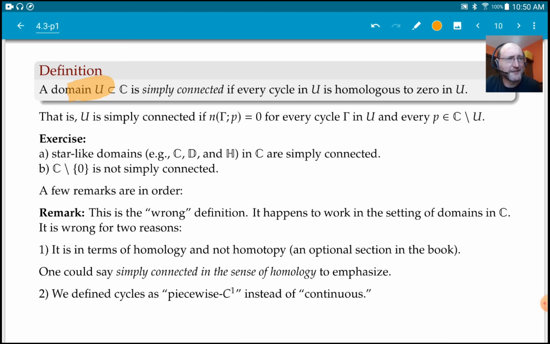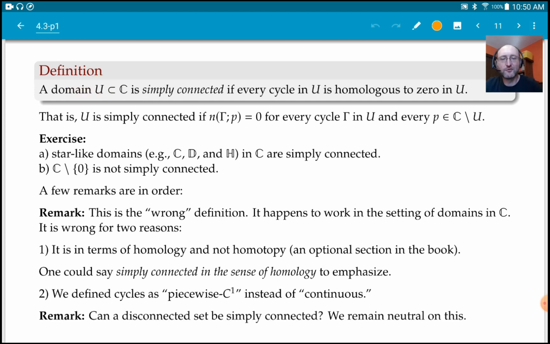So we should be fine with that. Those are the two reasons why this is wrong, but we're going to take this as our definition, and it works for domains in C.